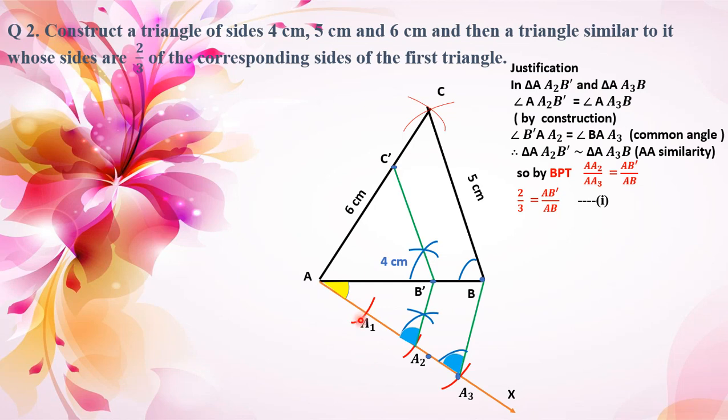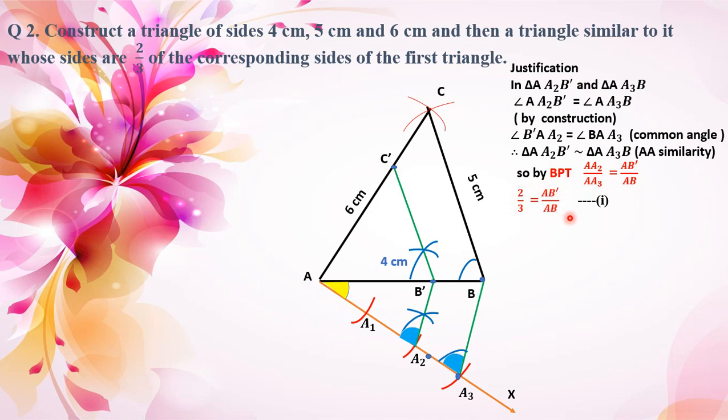Now on this ray AX, we have constructed three equal arcs, meaning A2 is the 2 part and A3 is the 3 part. So in place of A A2 upon A A3 we can write 2 upon 3, which equals AB dash upon AB.